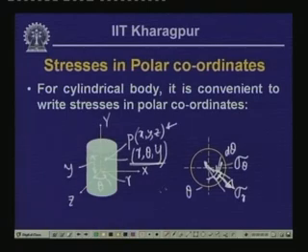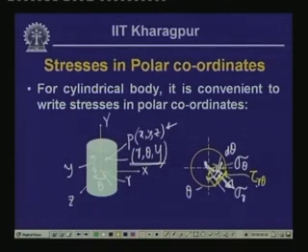Also, we will have the tangential stress on this plane, as well as on this plane, and we will have tangential stress in the radial direction as well. And this tangential stress, which we have defined as shearing stress, is tau on the r plane acting in the direction of theta.